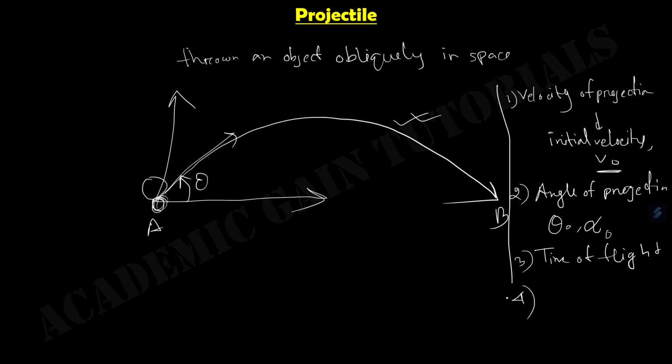And the fourth one is range. Range means the distance of the point at which it falls on the plane. Like how far it will go from the thrown point to the landing point. This is known as range.